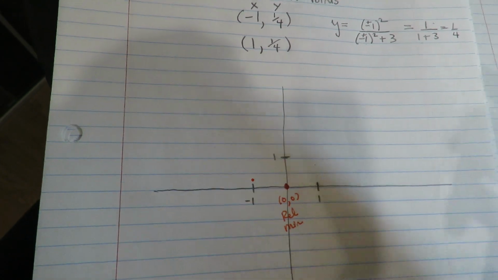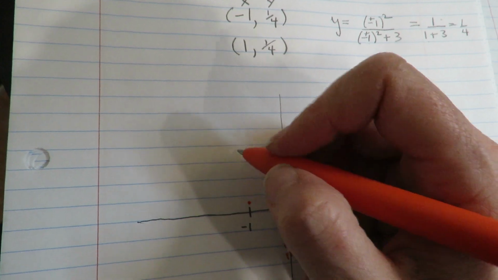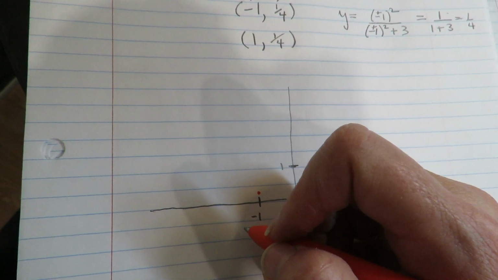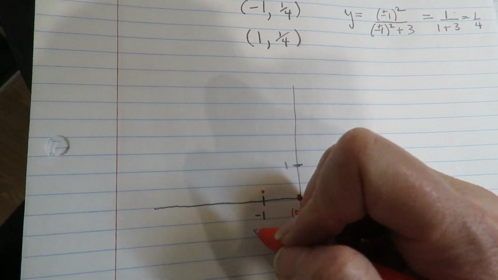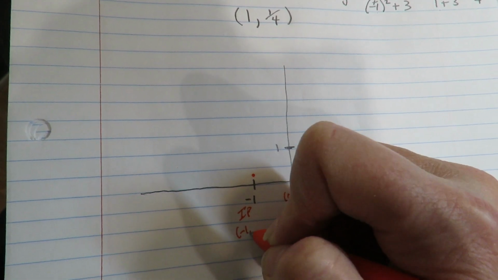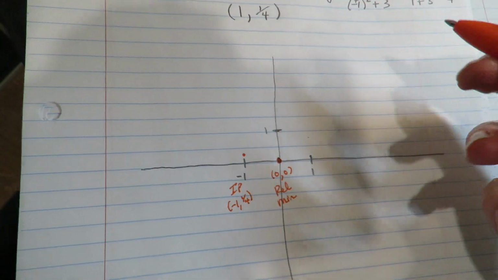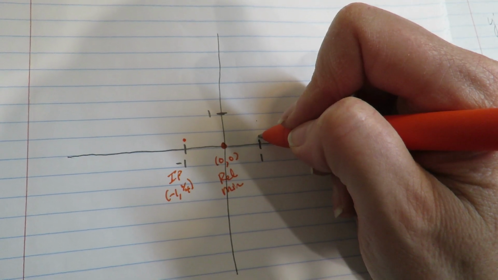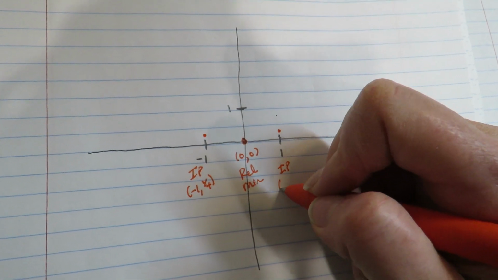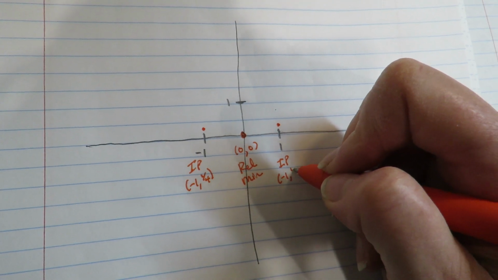Oh, I see that we need to do one more thing here, so I'll get to that in a second. Okay, so this is my inflection point at -1, 1/4. This over here will be another inflection point at 1, 1/4.